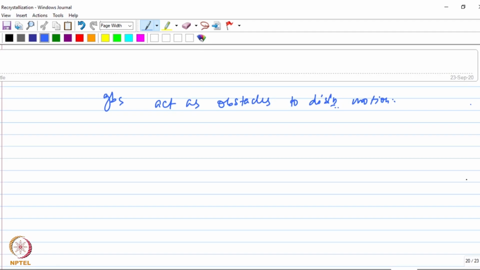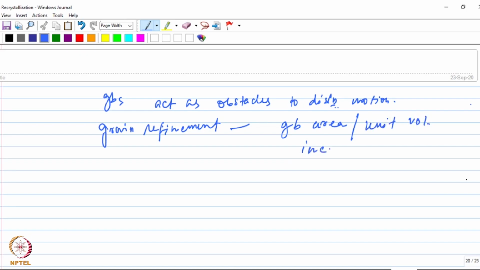Okay. So what happens when you refine the grain size or decrease the grain size? You basically increase the grain boundary area per unit volume. So therefore, it provides more resistance to the movement of dislocations, and as a result of that, the strength increases.